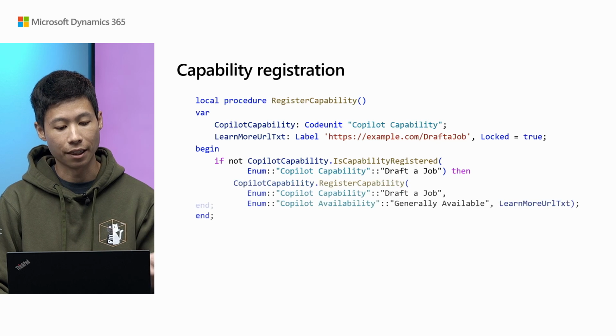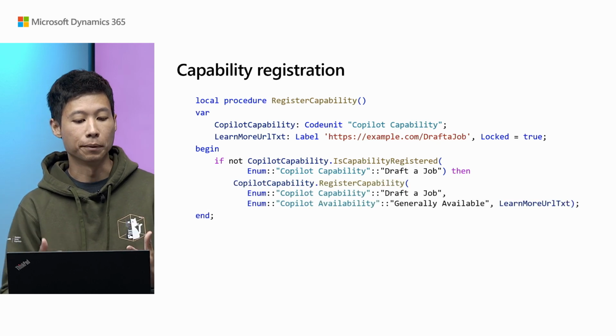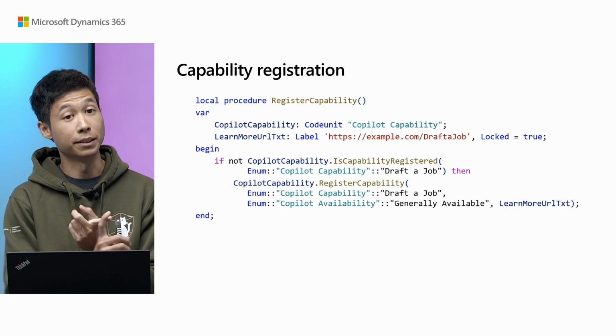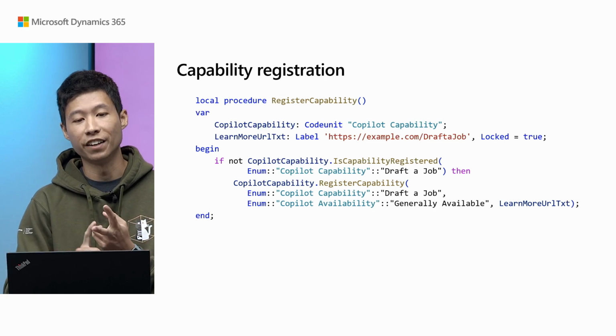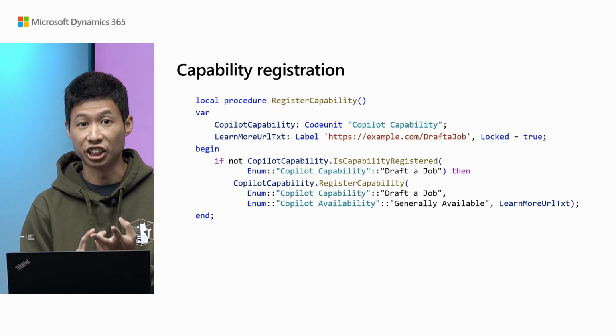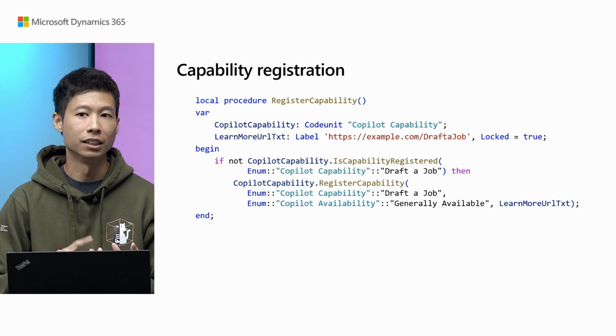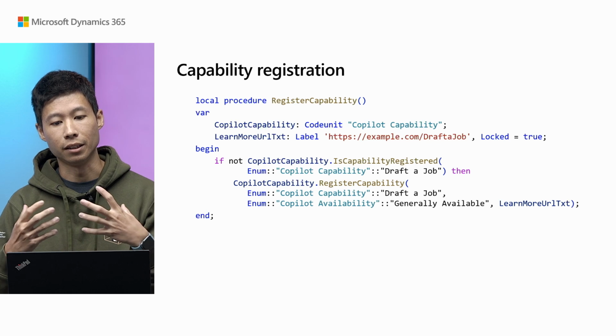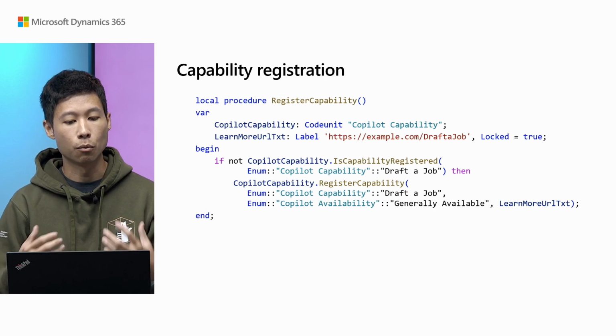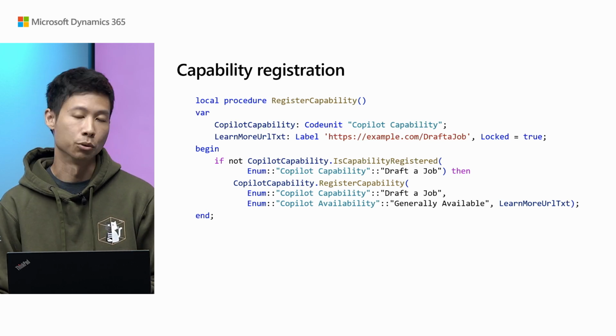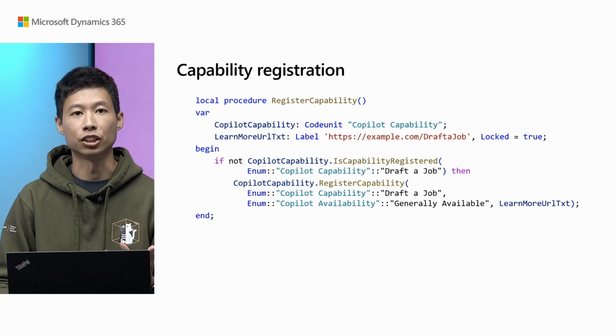And if it has not, then you'll want to register your capability. So you put in the capability you want to register, what the availability is. In this case, I'm making it generally available, and a learn more URL, as this will surface within the admin page whenever an admin wants to take a closer look at, hey, what does this capability actually do?